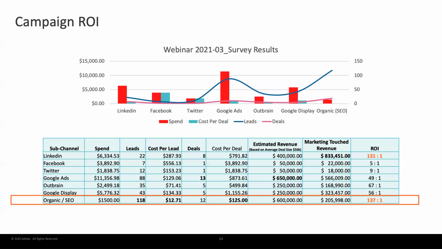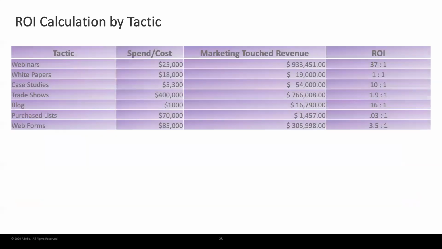Now, if you're looking at these types of metrics pulled in on the campaign, that means that you're also able, in addition to thinking about the brand as a total, your channels and your sub-channels, to look at ROI from a tactic perspective. I think it's really important to pivot in this way and to think about ROI from both perspectives, because the reality is at the end of the day that some channels or sub-channels may work better for some tactics than others.